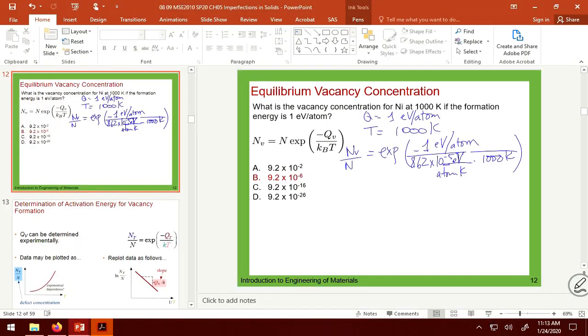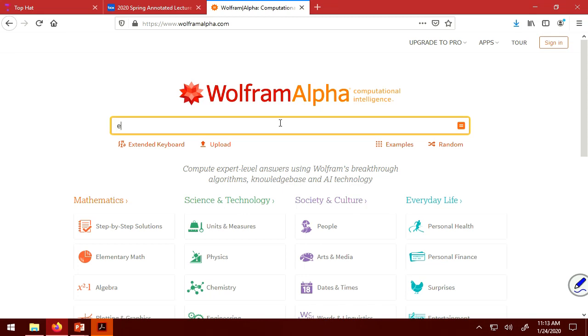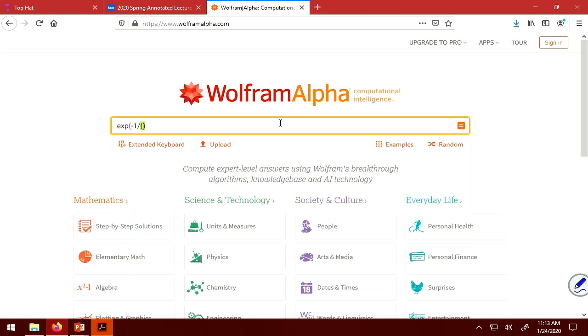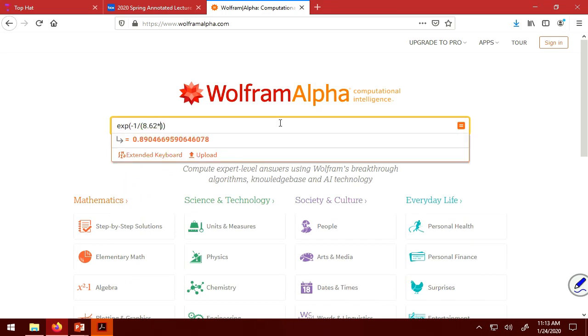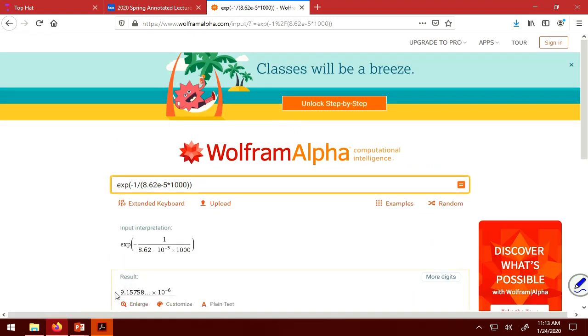And you can calculate that. So it's actually 9.16 times 10 to the negative 6, rounded up to 9.2, okay? So 9.2 times 10 to the negative 6.